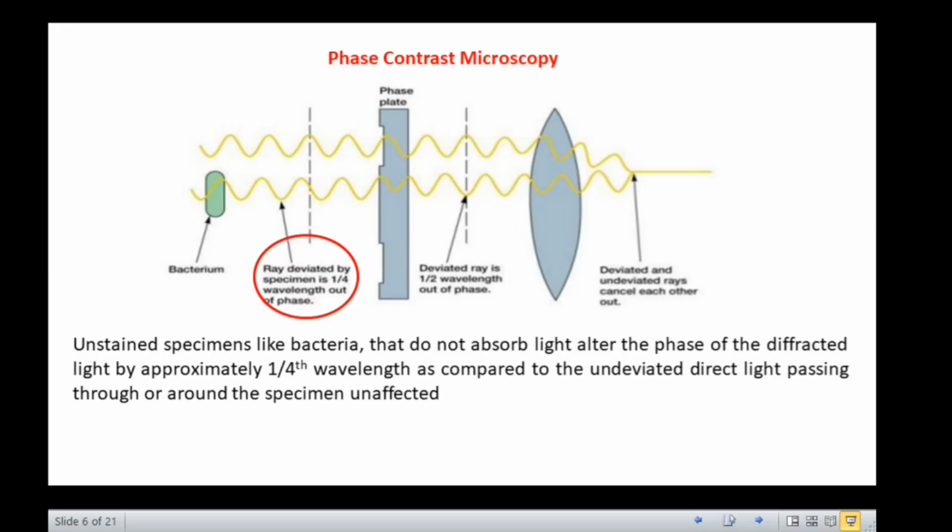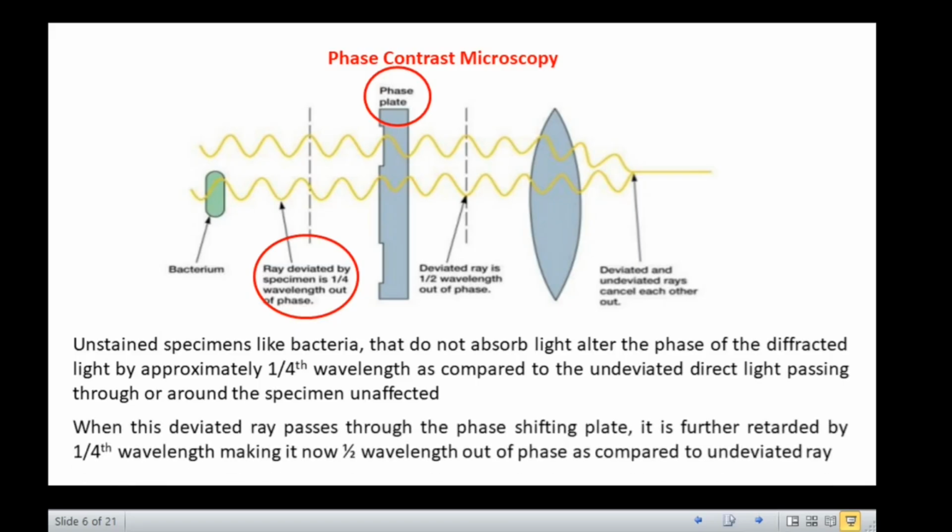When this deviated ray passes through the phase shifting plate, it is further retarded by 1/4 wavelength, making it now half a wavelength out of phase as compared to the undeviated ray. The deviated and undeviated rays cancel out each other and increase the contrast.